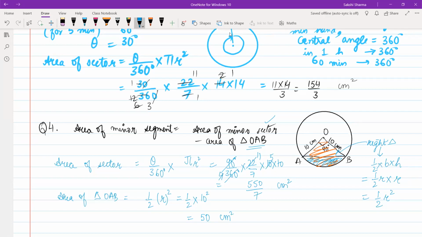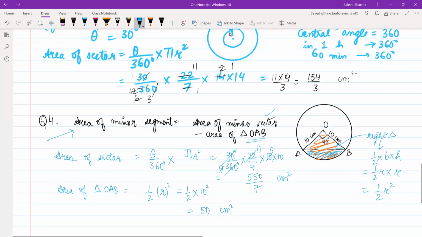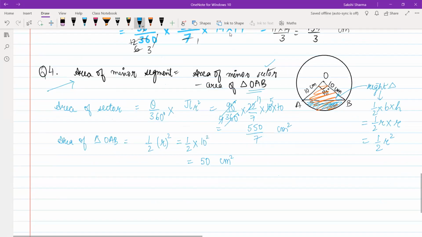And now you can use the two values in your formula to find out the area of the segment in order to find out the answer for the first part. Simplify your answer.